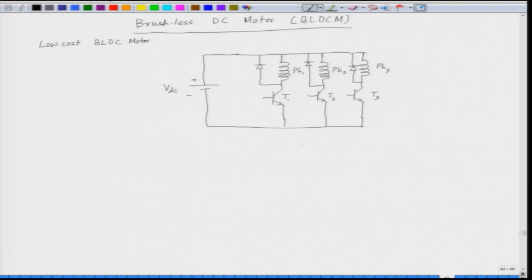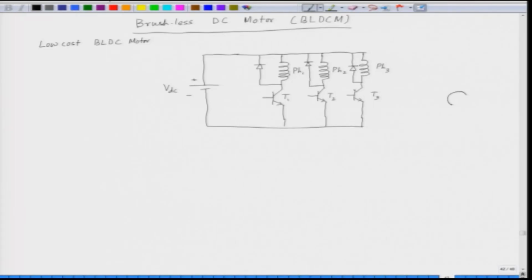If we see in a schematic fashion the construction of this kind of brushless DC motor, we will see that we have a rotor and 3 stator windings, phase 1, phase 2 and phase 3.